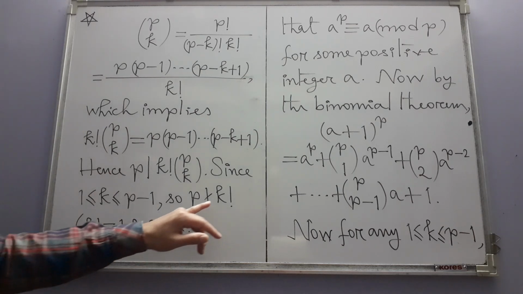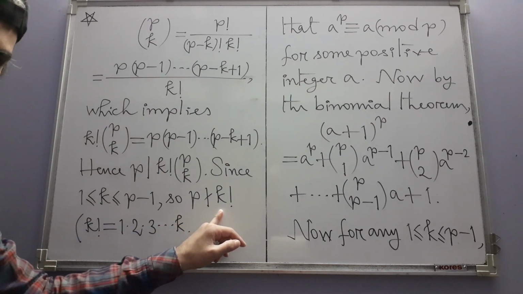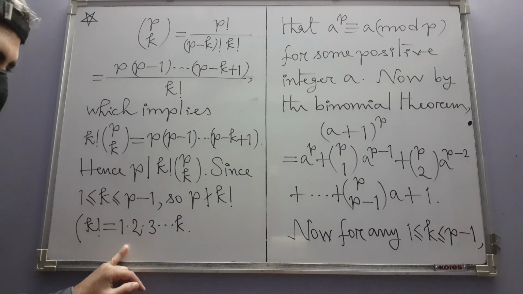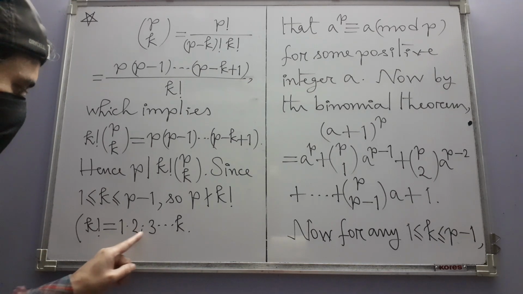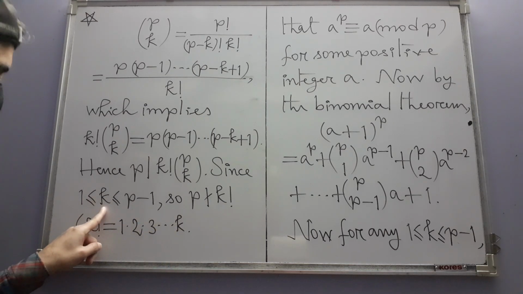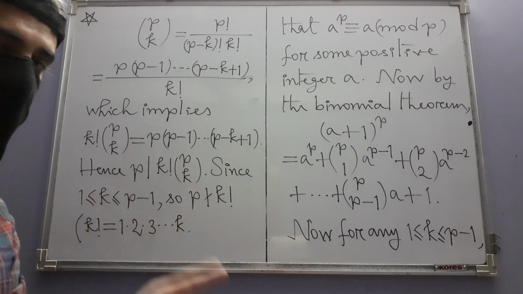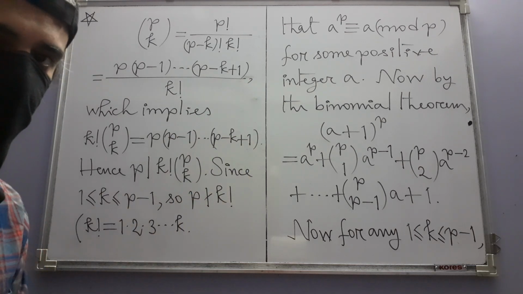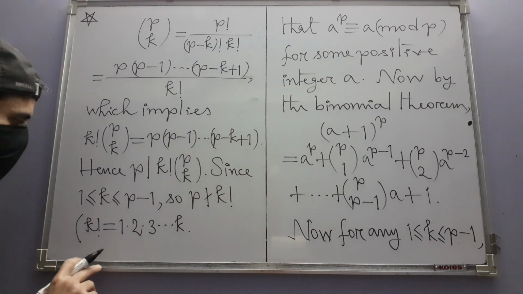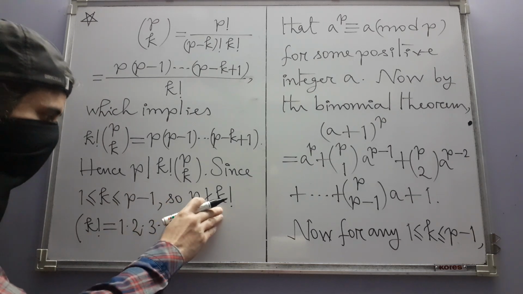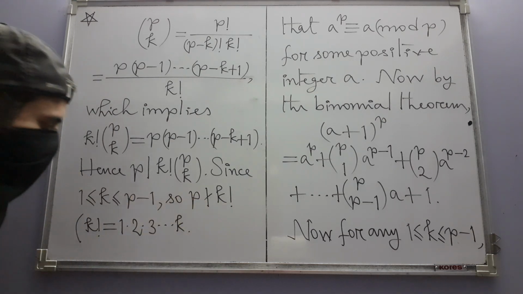So if p divided k factorial, it should have divided at least one of these numbers. However, all these numbers, including k, are positive integers less than p, strictly less than p, and none of them, of course, is divisible by p. And that is why p cannot divide k factorial. This again is happening because p is a prime.